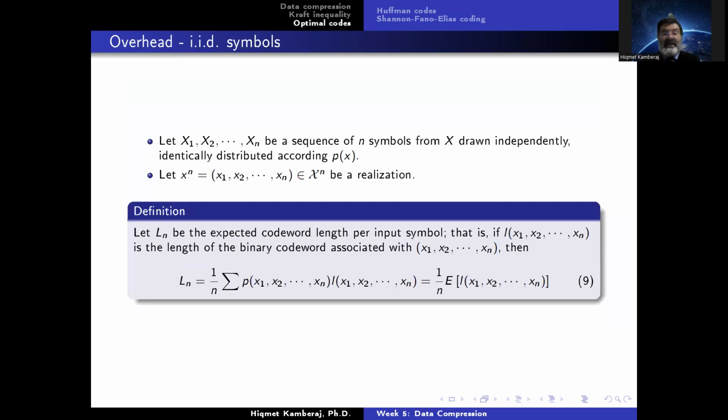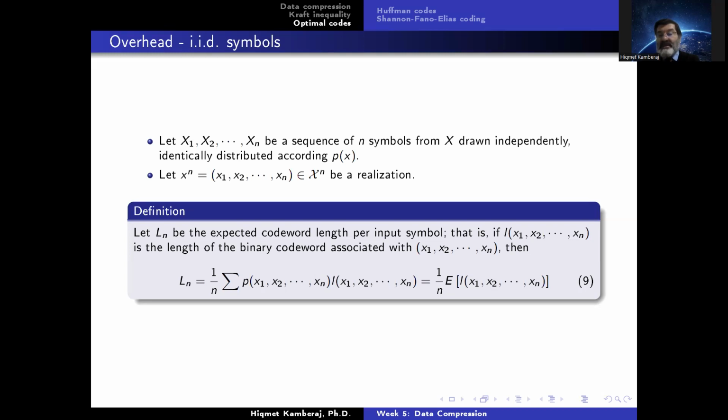Now, consider X1, X2, ..., Xn to be a sequence of n symbols from X drawn independently, identically distributed according to P of x. Let X to the power n be this sequence X1, X2, ..., Xn, which is an n-tuple from the set chi to the n. This is one realization of the random variables X1, X2, ..., Xn. By definition, let L_n be the expected code word length per input symbol.